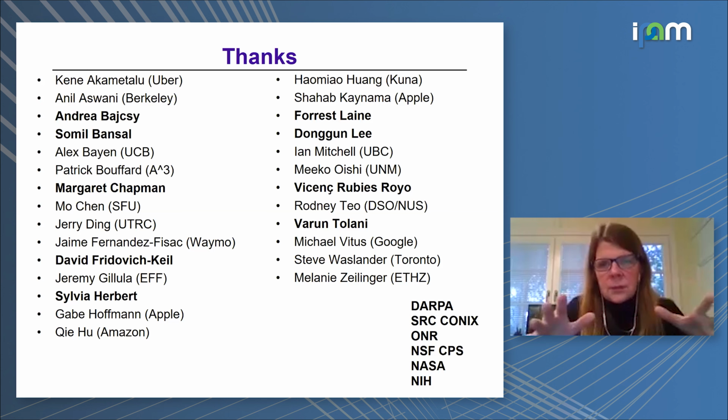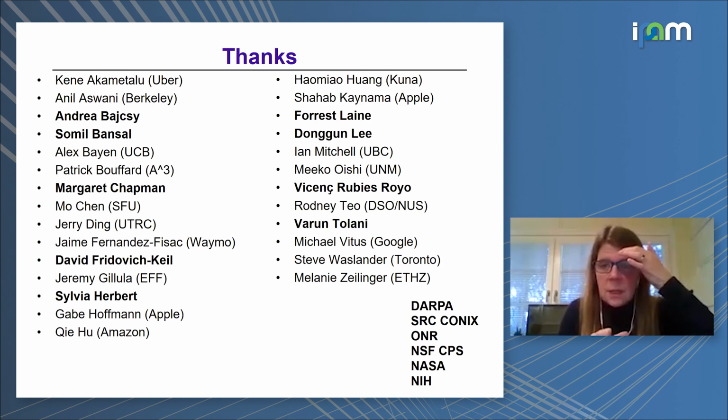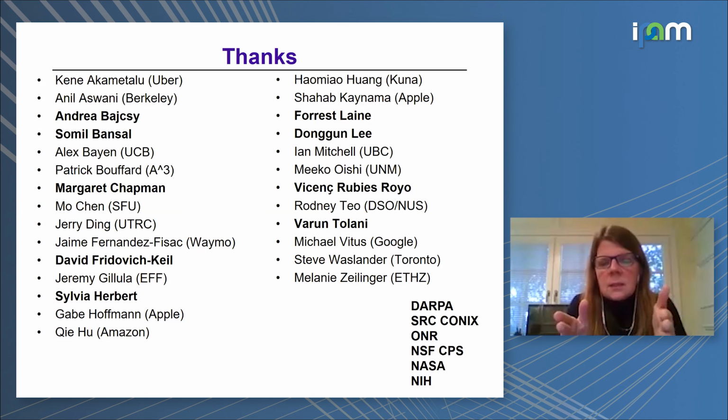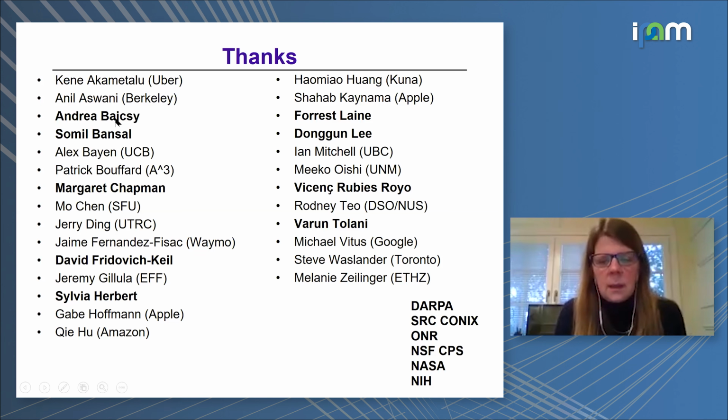Then the level set function, which is representing the free space and the obstacle space, is such that as you're moving through the environment, what you're learning about the environment is not something that you just learned that is going to change at a future time. So in those cases, he and another student in my group, Andrea Baichi, who's also here, have been trying to take advantage of that.